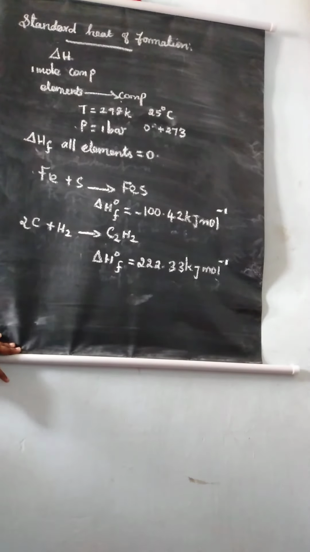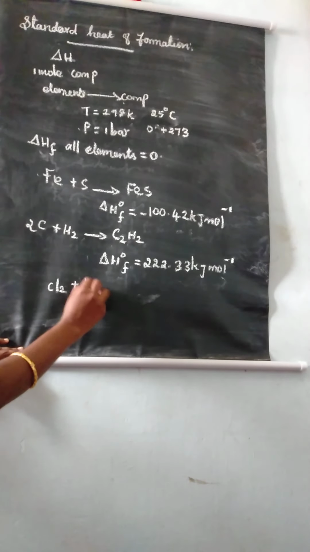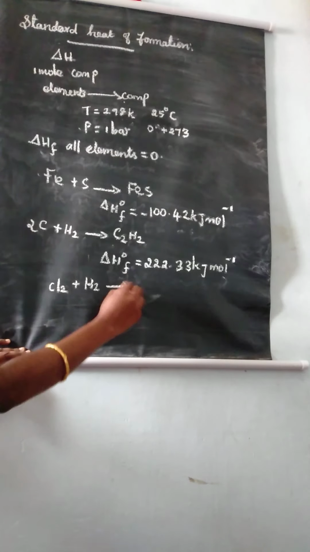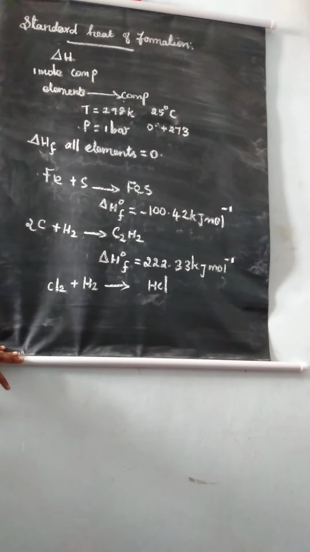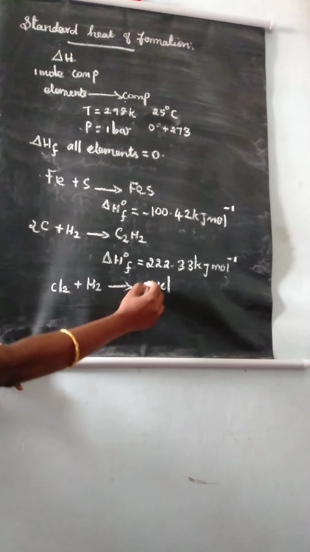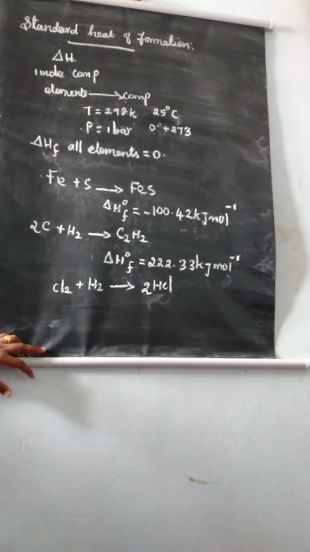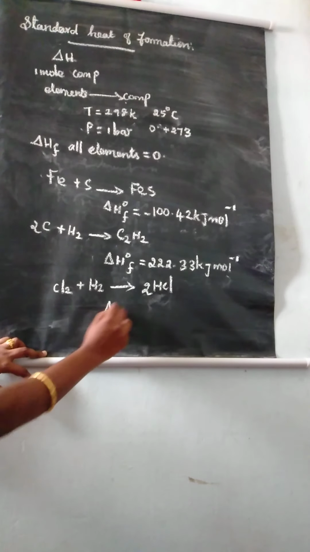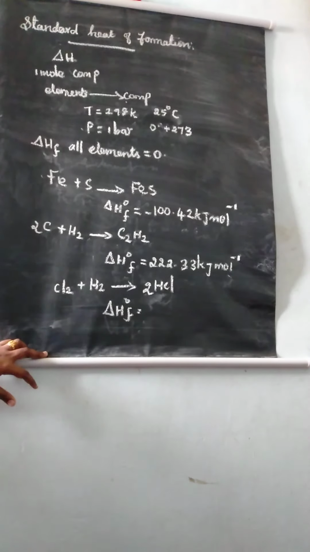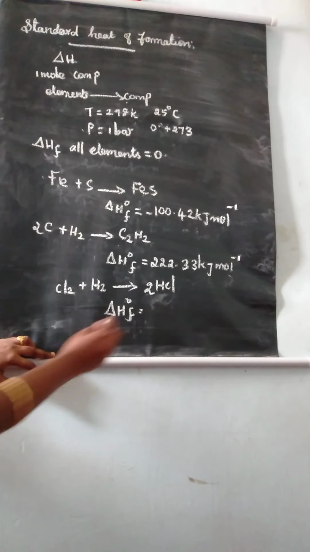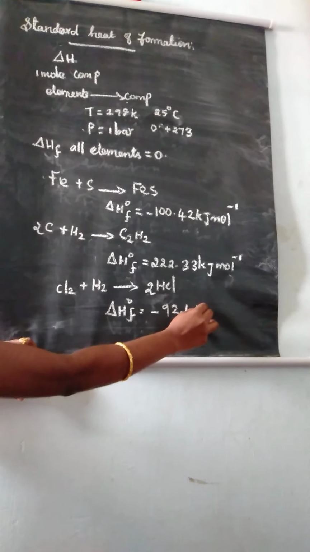And one more example they have given: chlorine and hydrogen to form hydrogen chloride. Here chlorine and hydrogen, two molecules, so 2HCl. In this equation, the standard heat of formation delta H naught f value is minus 92.4 kilojoule per mole.